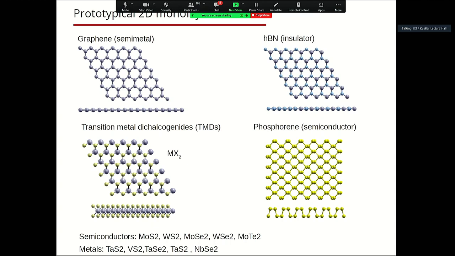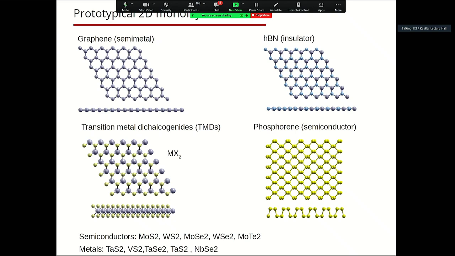So just a brief introduction about two-dimensional monolayers. As I said, the most famous is probably graphene, that is a semi-metal with Dirac cones, composed of a monolayer of carbon atoms in a hexagonal lattice.